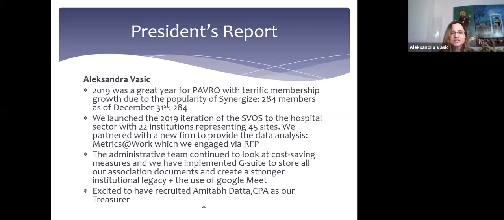The administrative team at PAVRO, we continue to look at cost-saving measures, and one of the things we did do is we implemented G Suite to store all of our association documents and create a stronger institutional legacy. And we're going to be moving to using Google Meet as our meeting platform.